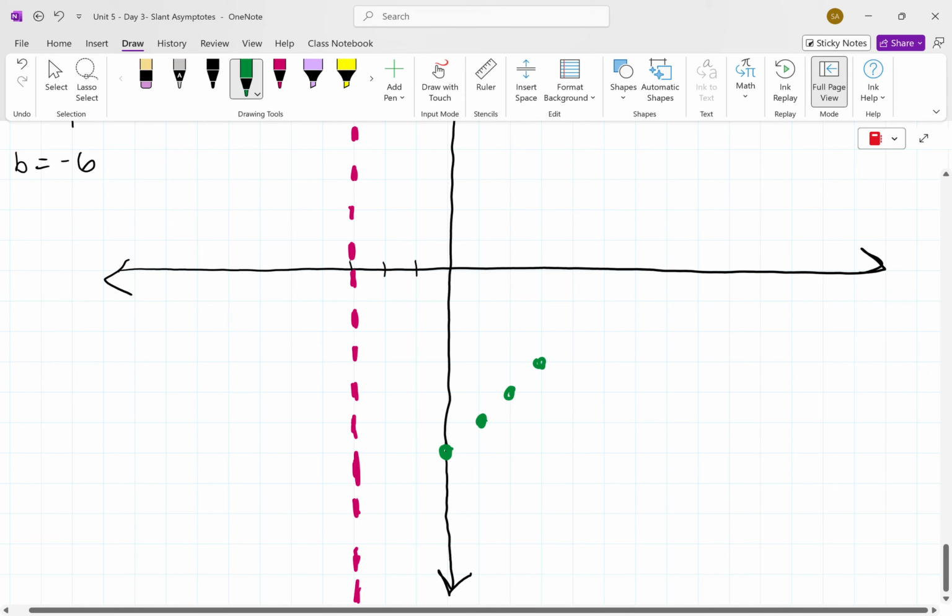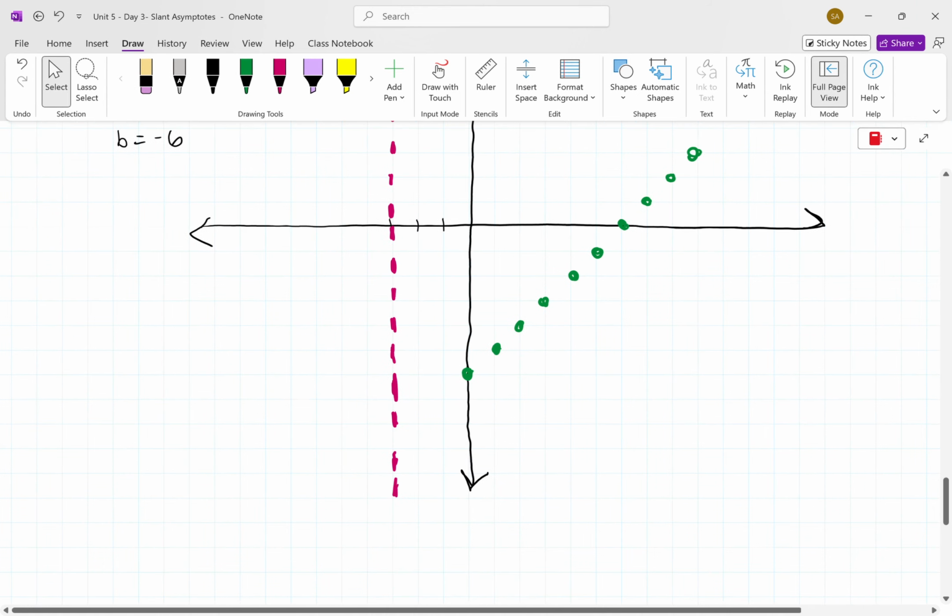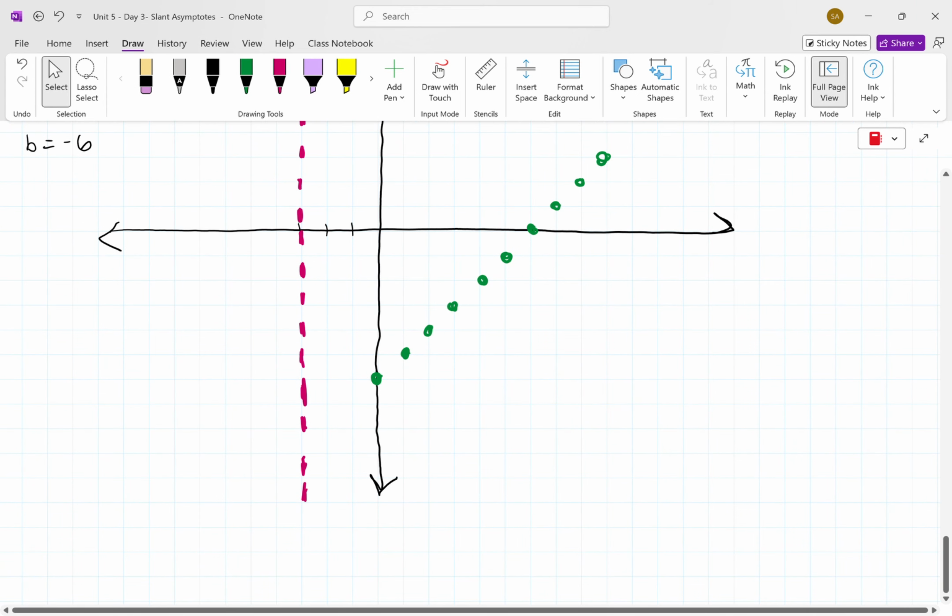So I'm going to go up 1, right 1. Keep going, up 1, right 1, up 1, right 1. And then on the other way, I want the asymptotes to cross. So on the other way, I'm going down 1, left 1.